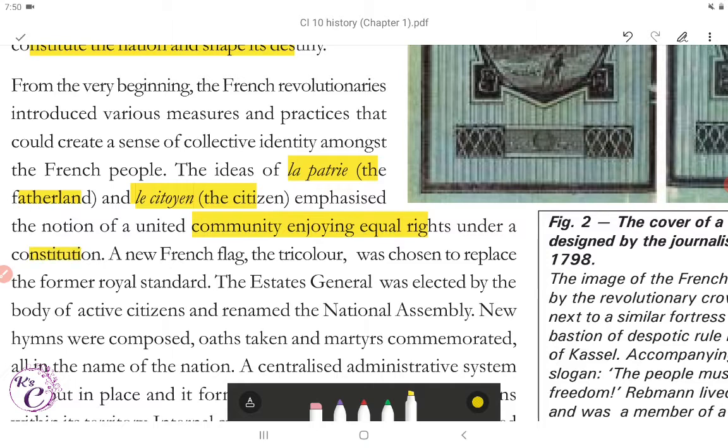A new French flag, the tricolor, was chosen to replace the former royal standard.